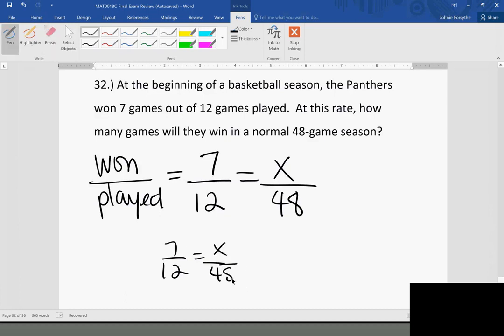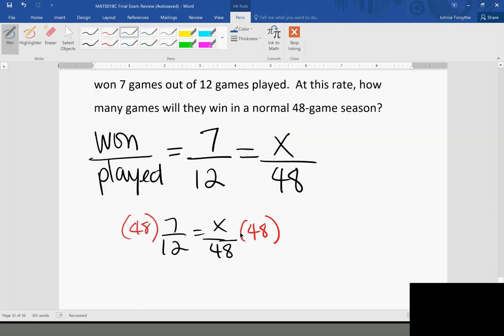So let's get x by itself by multiplying the right side by 48 and the left side by 48. So on the right, 48 will cancel, and I'll just have x equals 48 times 7 over 12. Well, I can reduce 48 over 12. I can divide them both by 12.